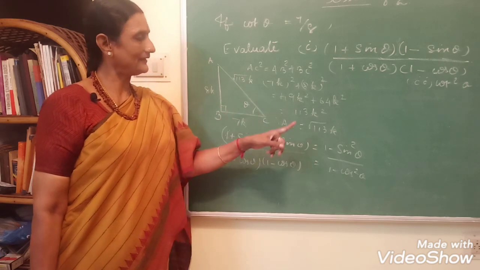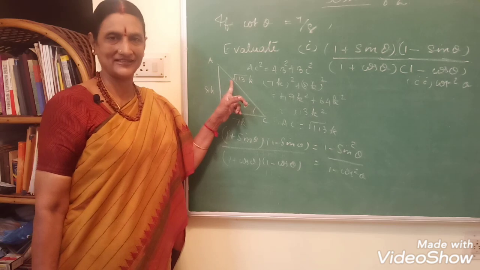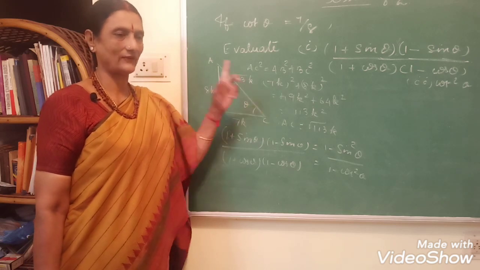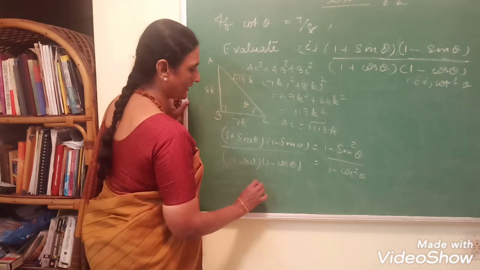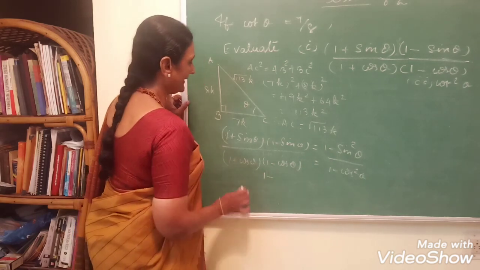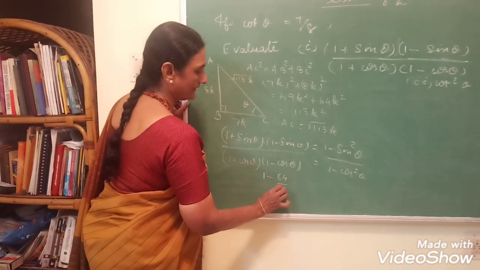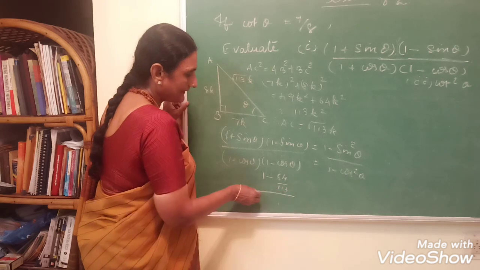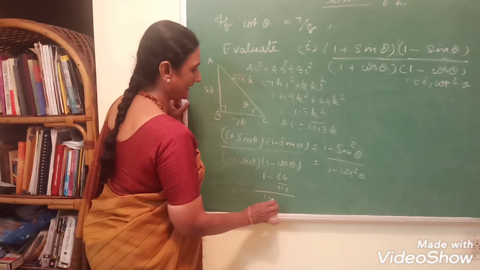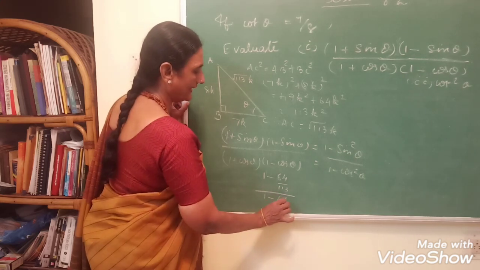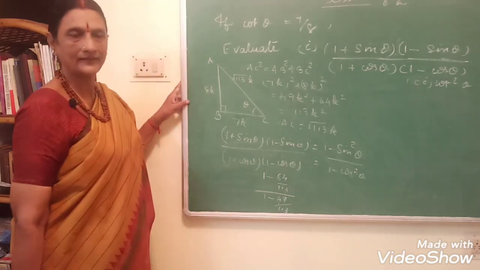If you square it, it becomes 49k square divided by 113k square. So that k square will get cancelled. So we will get 1 minus sin square theta as 1 minus 64 divided by 113, and 1 minus cos square theta as 1 minus 49 divided by 113. Got it?